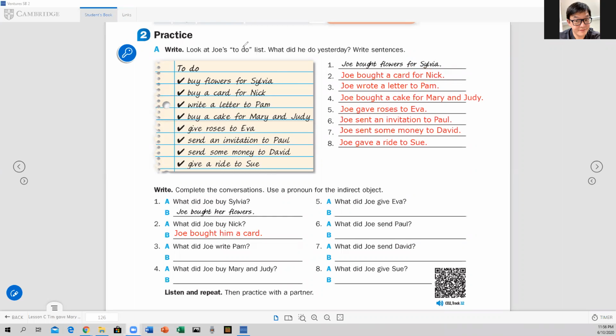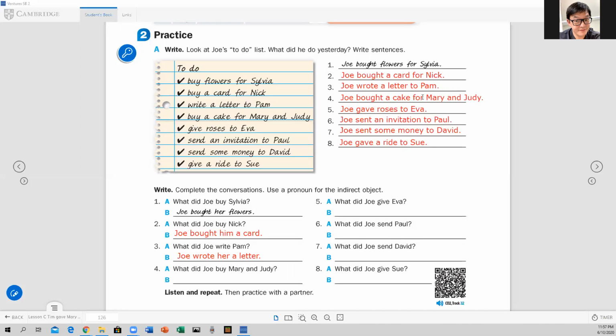Let's continue then. What did Joe write Pam? Look at number 3. Joe wrote a letter to Pam. Let's change that. So Joe wrote her a letter. Okay. Let's do the next one. Number 4. What did Joe buy Mary and Judy?